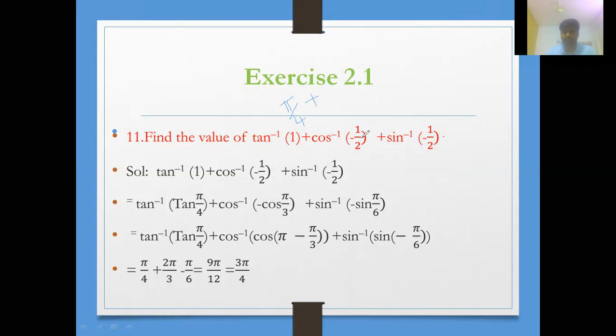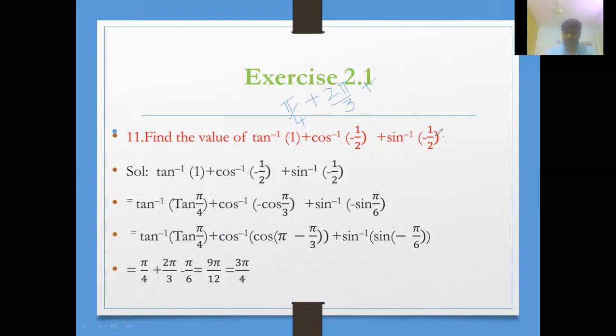Pi minus pi by 3 to make it positive. Pi minus pi by 3 means 2 pi by 3. So whenever it is positive, directly we would have written pi by 3, but it is negative now, so we write pi minus. Why pi minus? Pi minus means second quadrant. So 2 pi by 3.